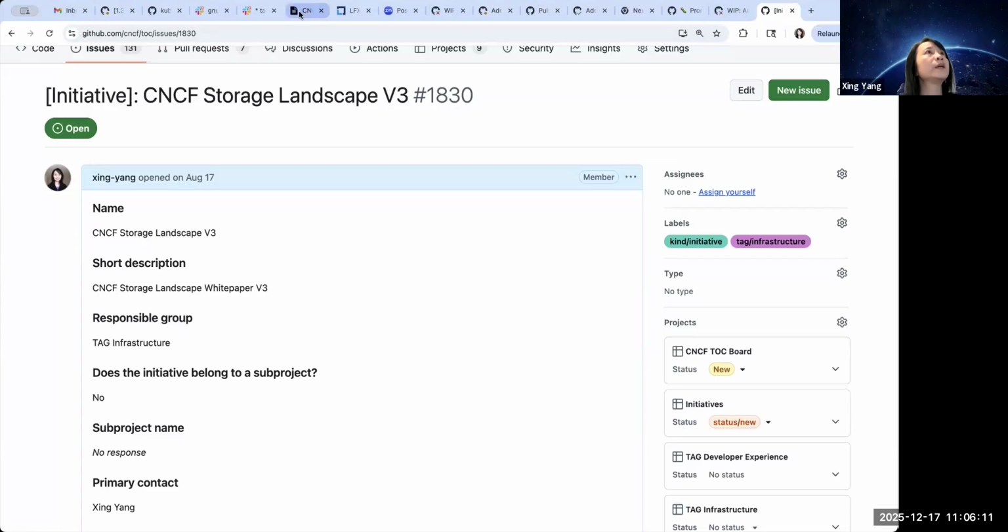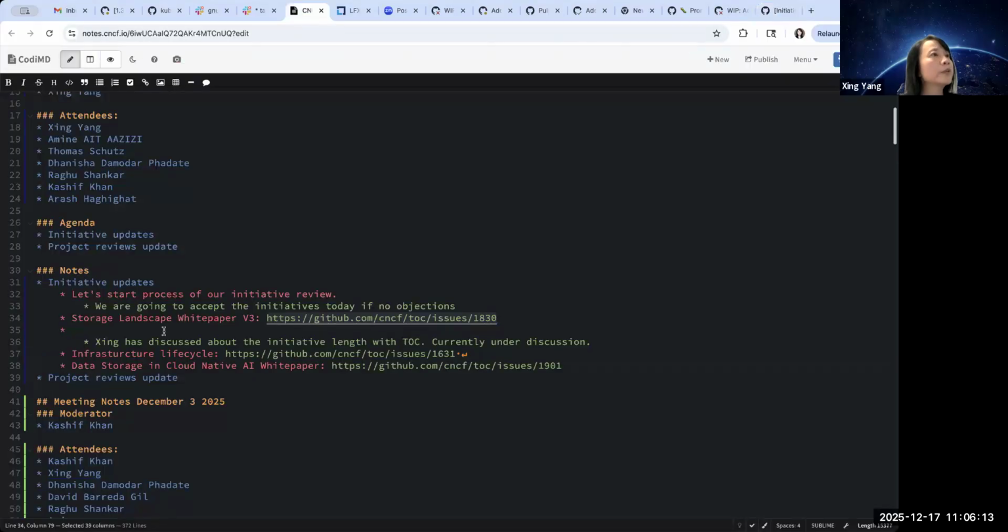There is a question that I'm still waiting to get some response from TOC. Basically, whether we can just publish this paper with the current length, or do we need to put together a summary?